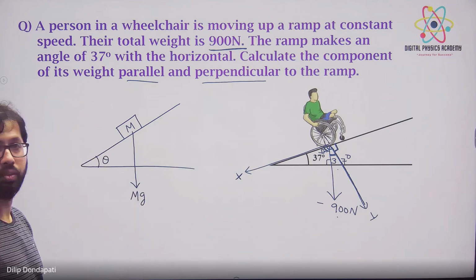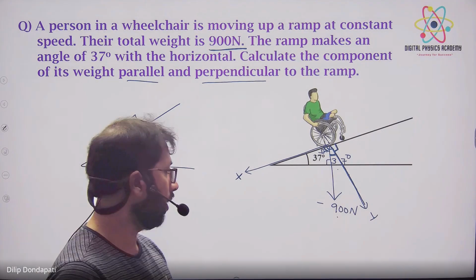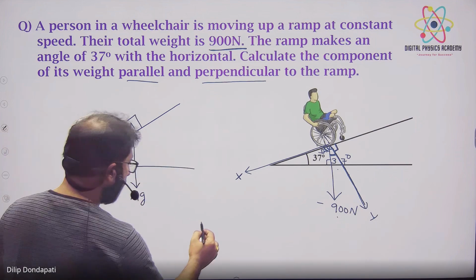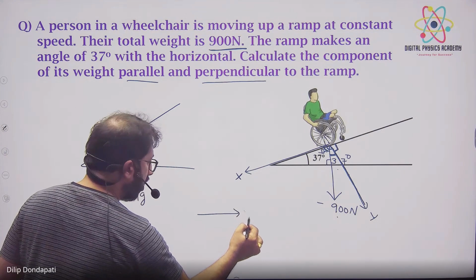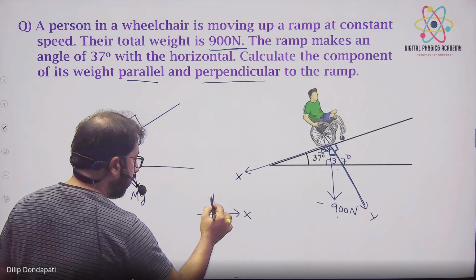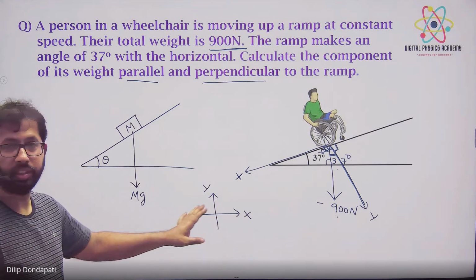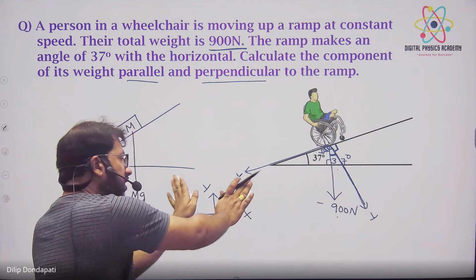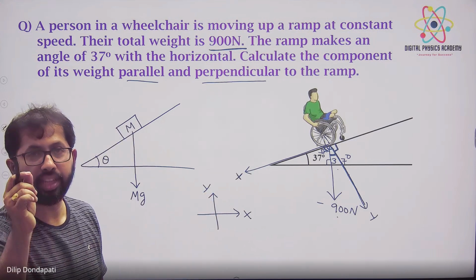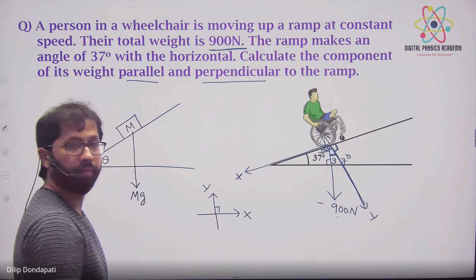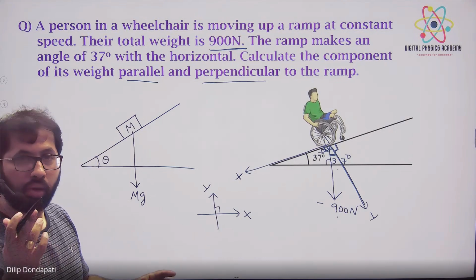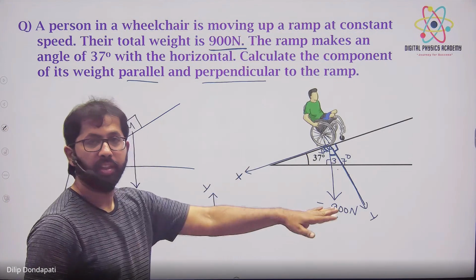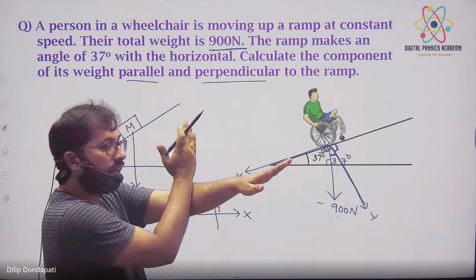Now, choosing the x axis and y axis is a very important concept in Newton's laws of motion. Right now we take x and y axes like this, but I can rotate the axes also, no problem. The condition is that x and y should be perpendicular. We always take x direction straight and y direction like this, but I can rotate anywhere.